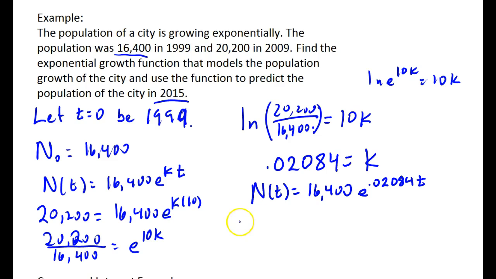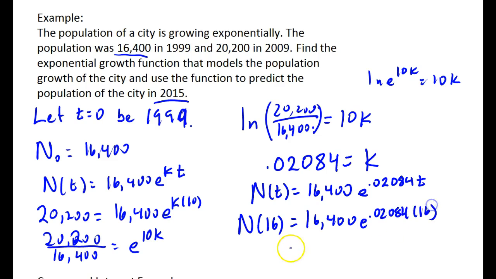Now, how are we going to figure out the population in 2015? Well, that's 16 years later than 1999. So I'm going to put 16 in for t. And let's work that out.